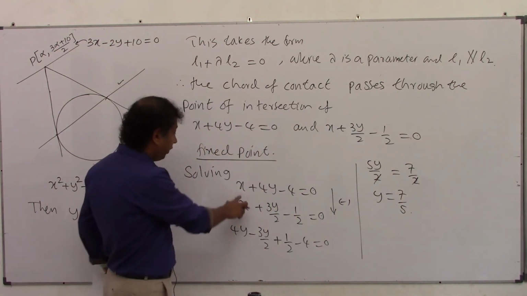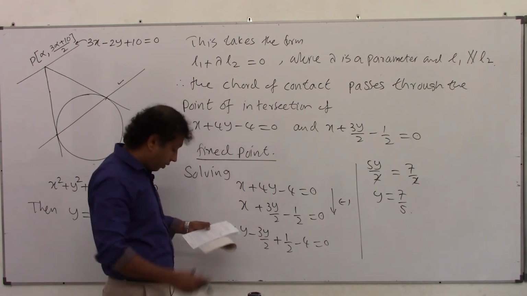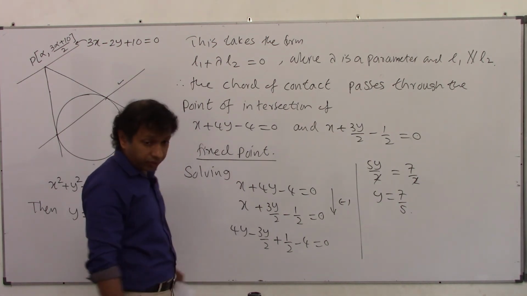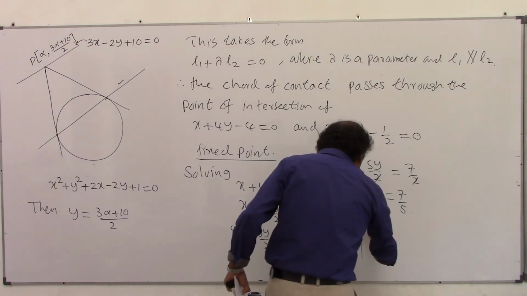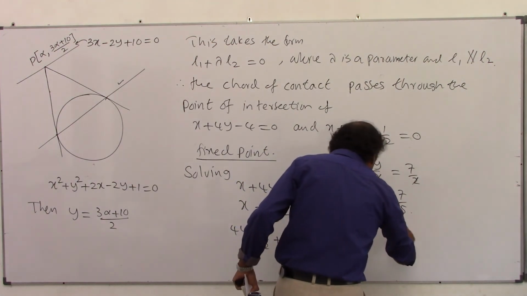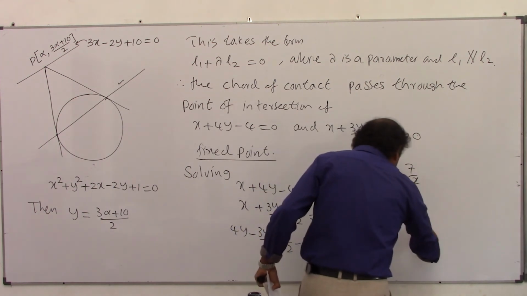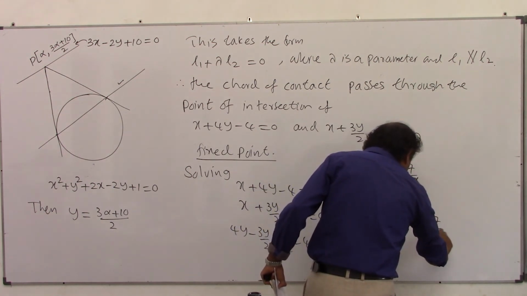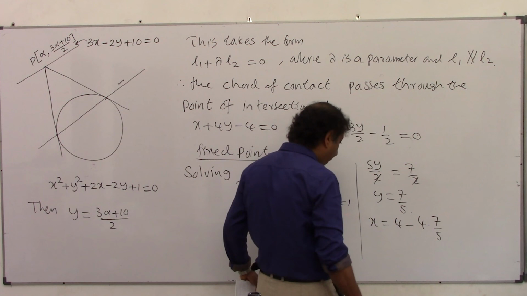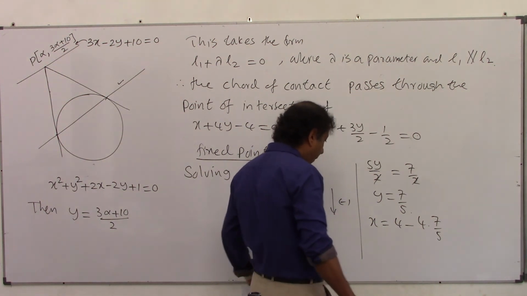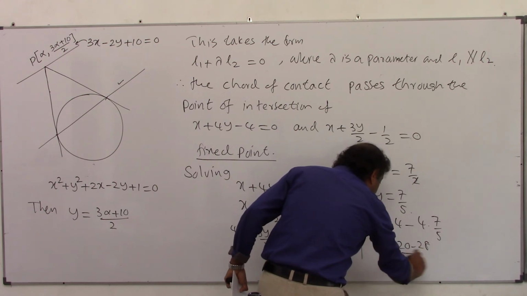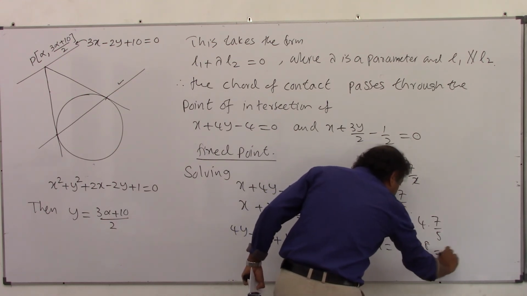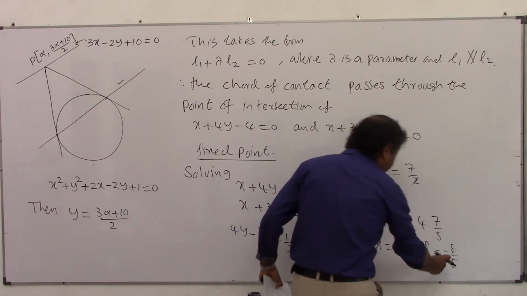Next, we substitute that value here. Then we get the x value as minus 8 by 5. x can be found here: 4 minus 4 times 7 by 5, which is 4 minus 28 by 5, giving minus 8 by 5.